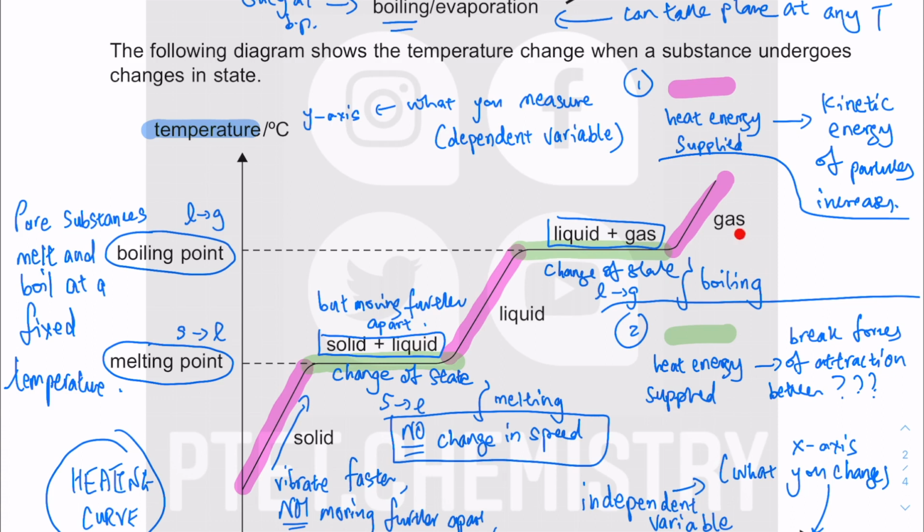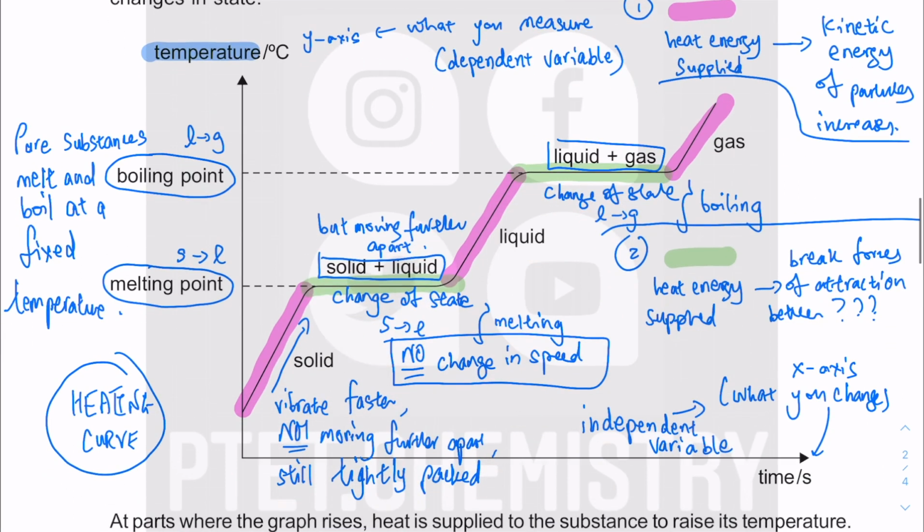So gas particles can only be obtained at a higher temperature. Gas particles will have a lot more kinetic energy than liquid particles and solid particles, and as such they will move at a faster speed, randomly in all directions, whereas solid particles can only vibrate about their fixed positions, where they are tightly packed together.